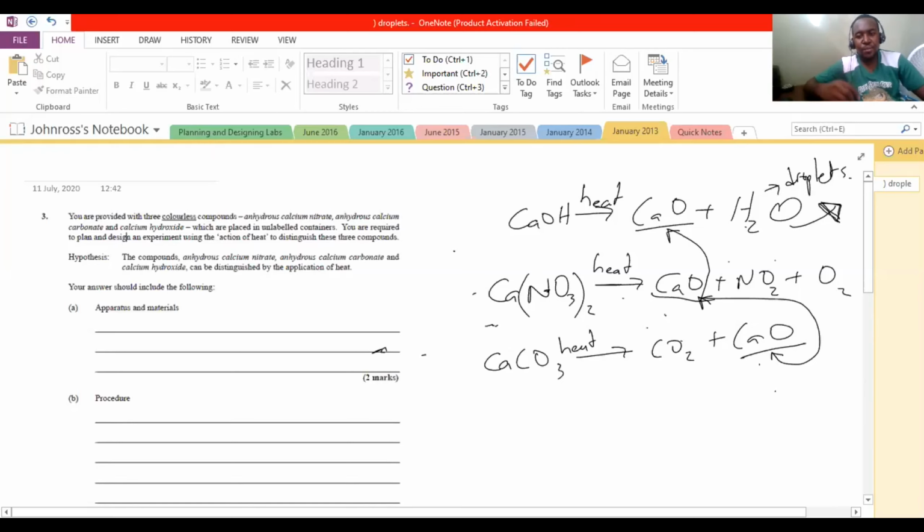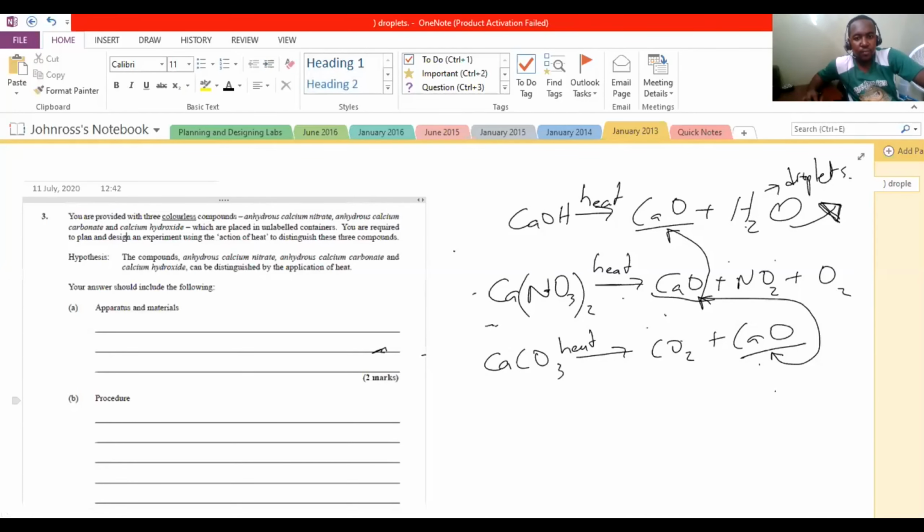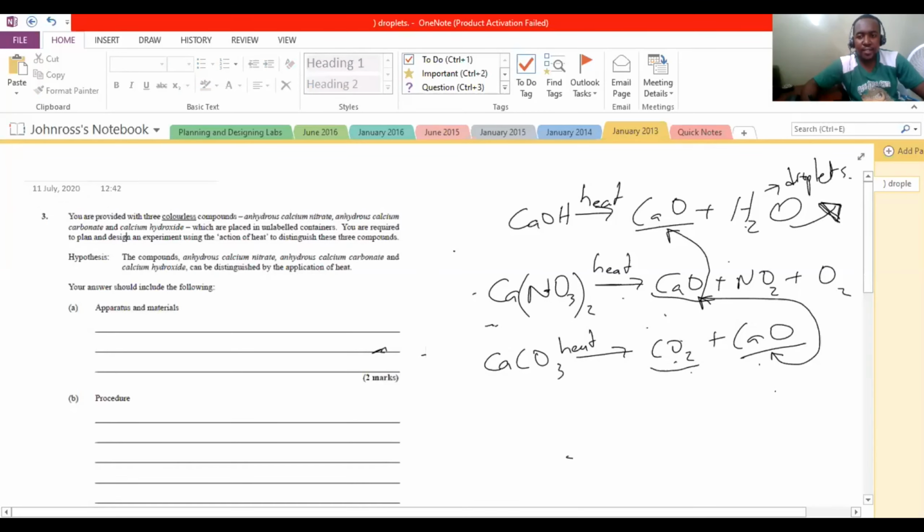How do we distinguish between calcium nitrate and calcium carbonate? The gas they produce. What's that? The gas that is evolved.